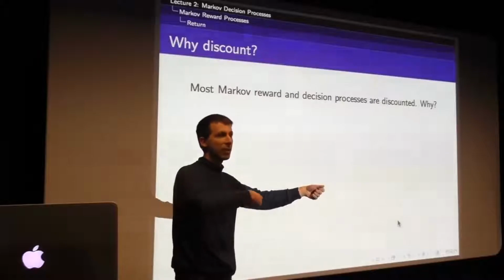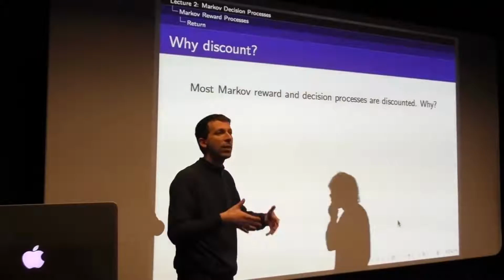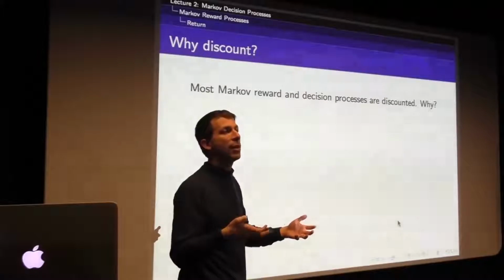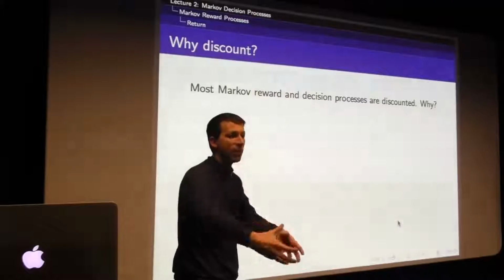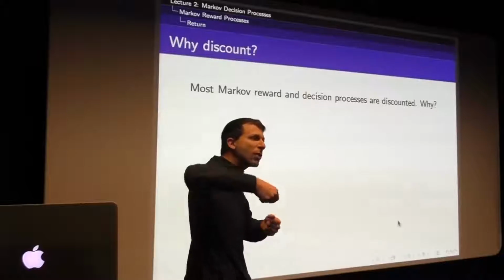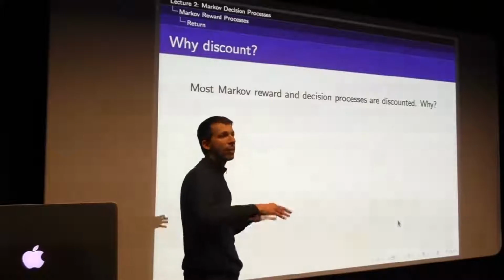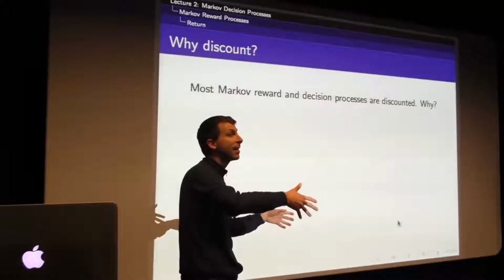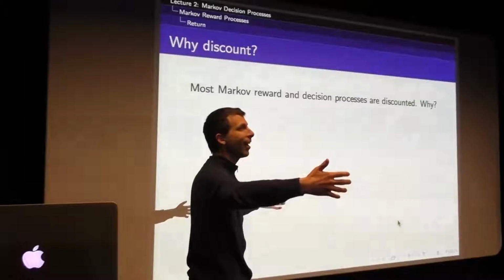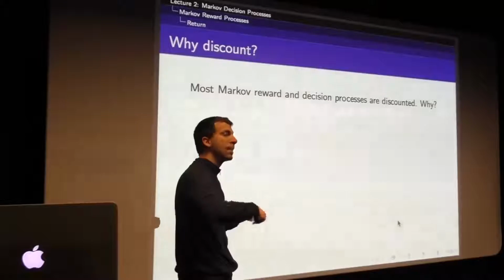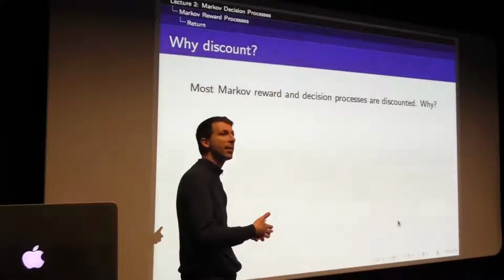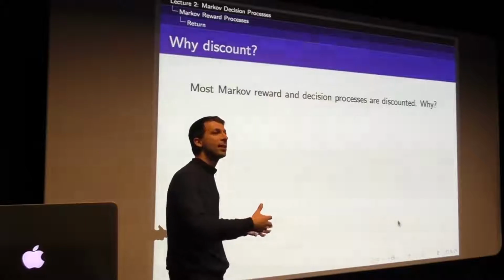But if we don't entirely trust our decisions, if we don't entirely trust our evaluations, we might choose to discount. Maybe I can take this pot of gold now, or maybe I should really trust my plan and my model that's going to tell me that all these things are going to happen over the next 10 years, and then I'll get an even bigger pot of gold. Well, you have to really trust your model to wait all those time steps and really believe that things are going to turn out just as you planned in order to get that bigger pot of gold later.